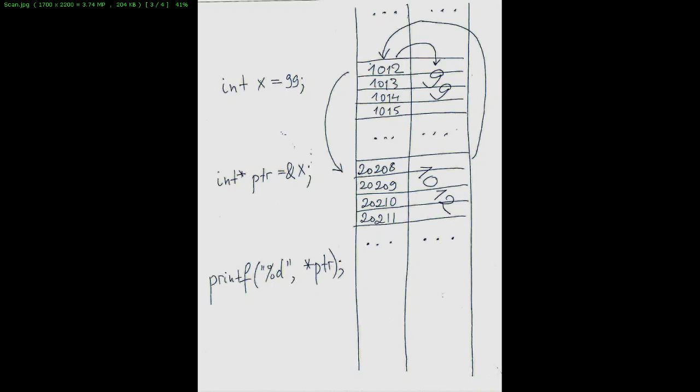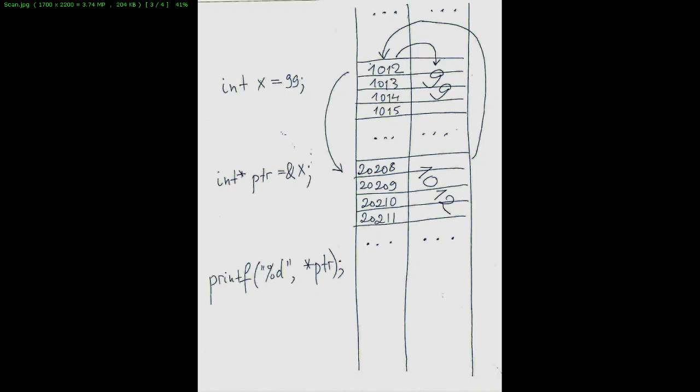So first of all, you retrieve the value of the PTR variable, which is 1012, and then you go into that address. So you go into the address 1012. After that, you retrieving the value at address 1012. And it is the same, it's 99.